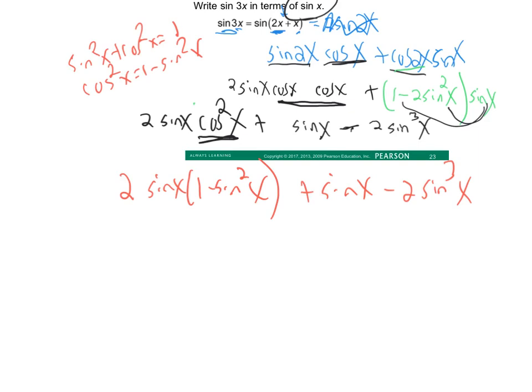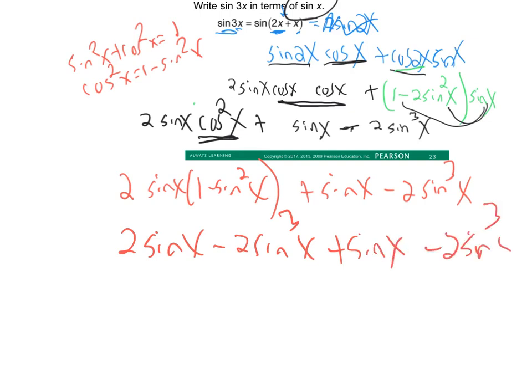that gives me 2 sine of x times 1 is 2 sine of x. 2 sine of x times a negative sine squared is minus 2 sine cubed x, plus sine of x minus 2 sine cubed x. 2 sine of x plus sine of x is 3 sine of x, minus 2 minus 4 sine to the fourth.